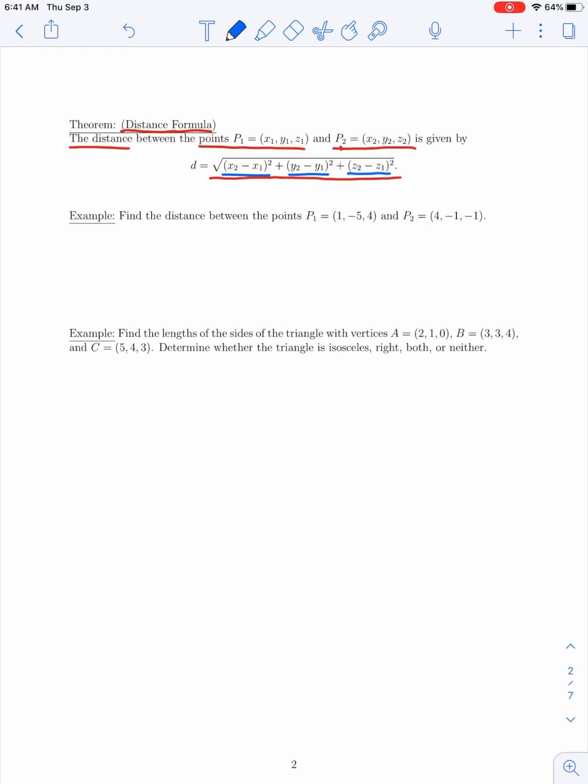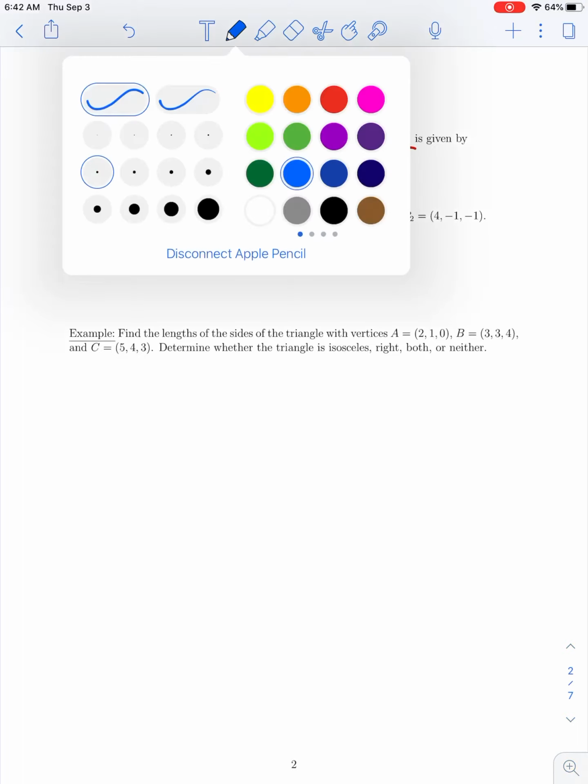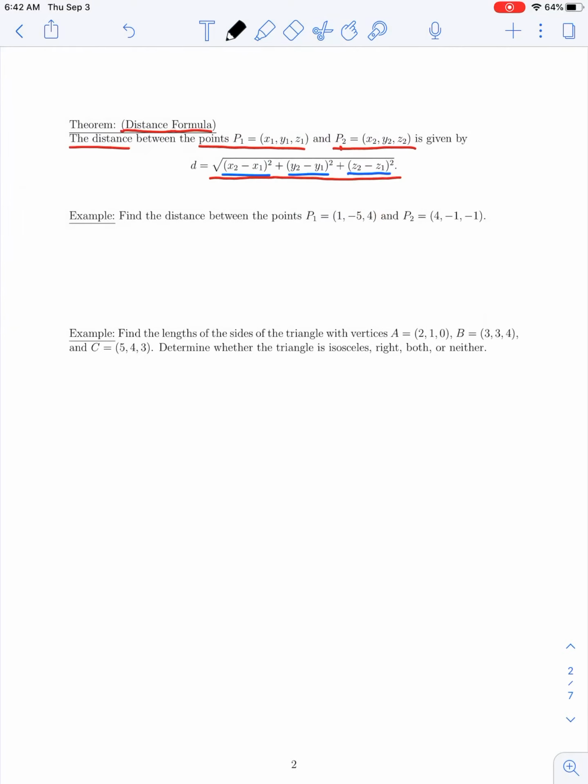So let's look at an example of this. We're asked to find the distance between the points P1, which is 1, negative 5, 4, and P2, which is 4, negative 1, negative 1. So using our new distance formula, the distance between these points, which we refer to as d, is going to be the square root of the sum of the squares of the differences between our coordinates.